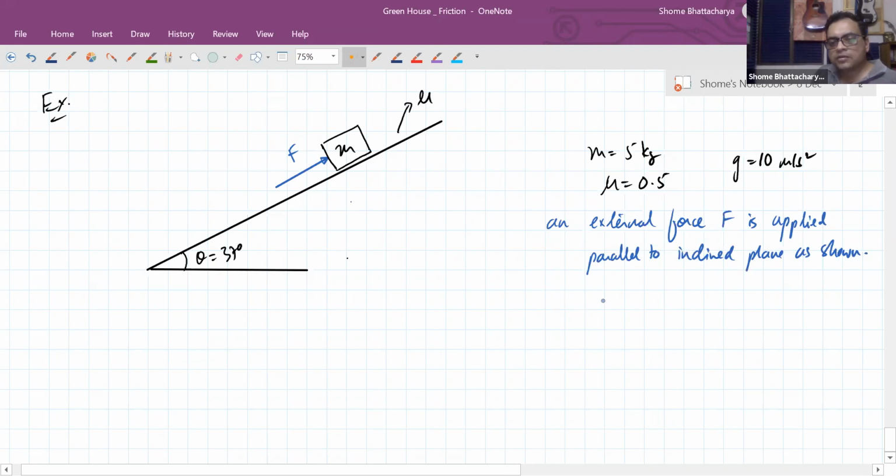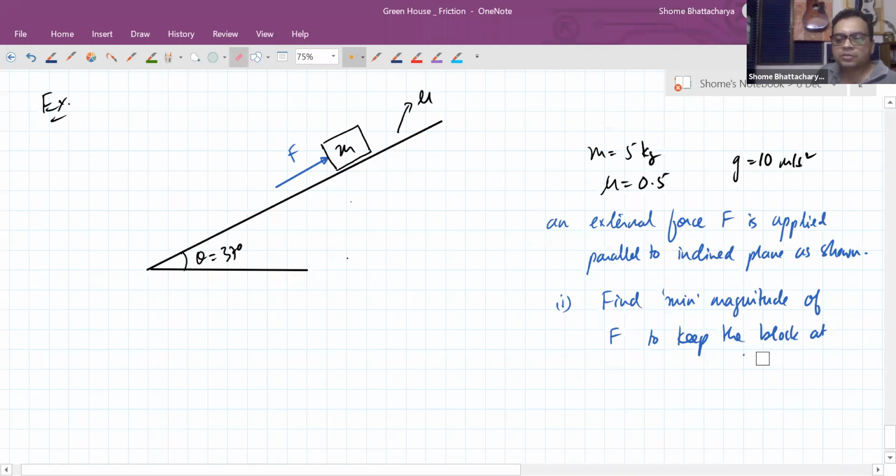Okay. So first part, find the minimum magnitude of F to keep the block at rest. So what minimum force should we apply so that the block remains at rest? It should not move.